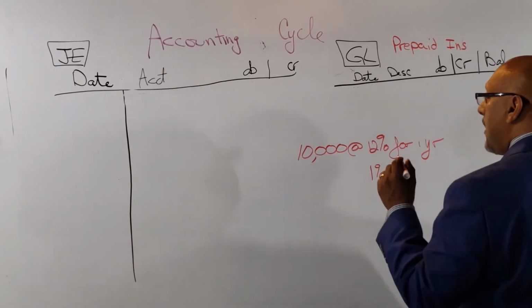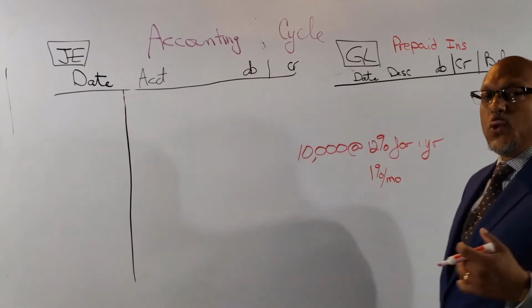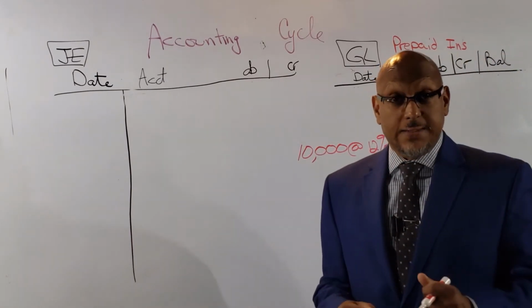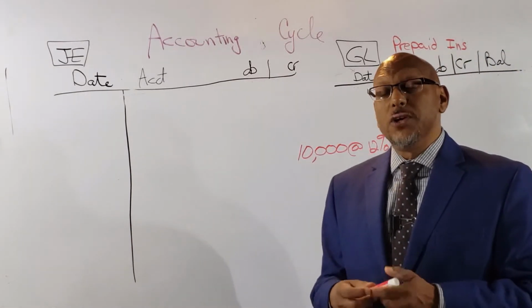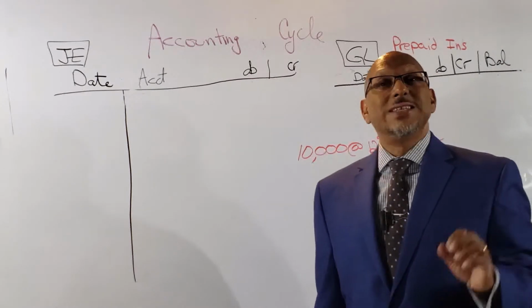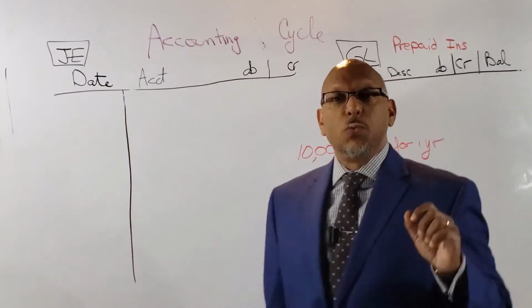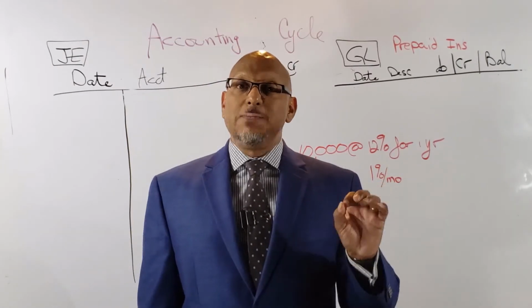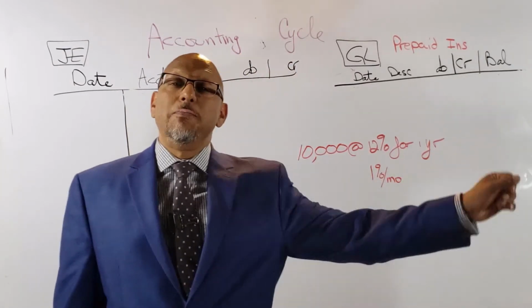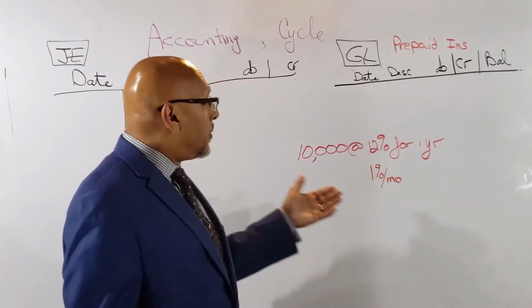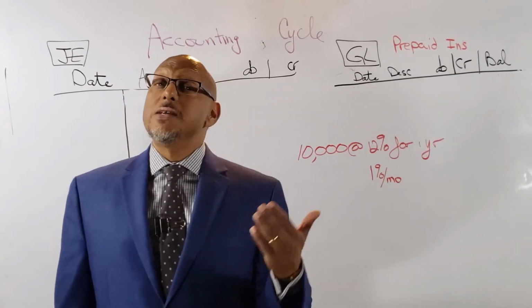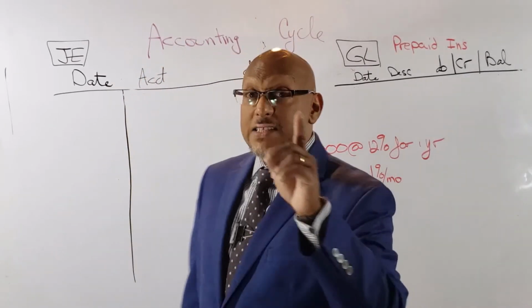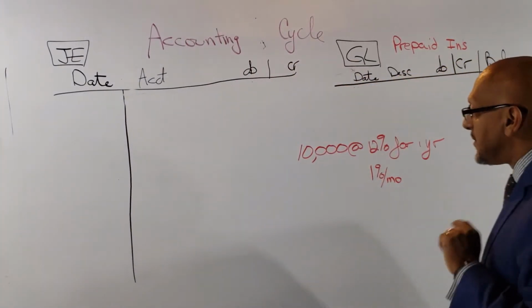So every month we have to accrue this. And an accrual account we're going to use is called interest payable. Because we owe it, we don't need to pay it. So it is payable, able to be paid, but not paid. So we're going to use a new account called interest payable. And that's the adjustment we're going to use at this point.